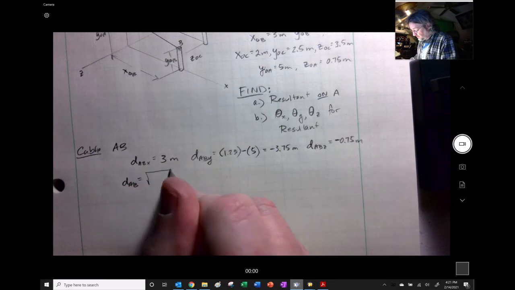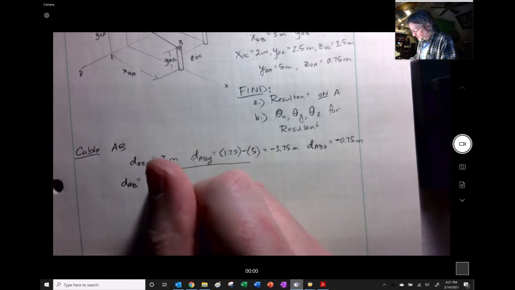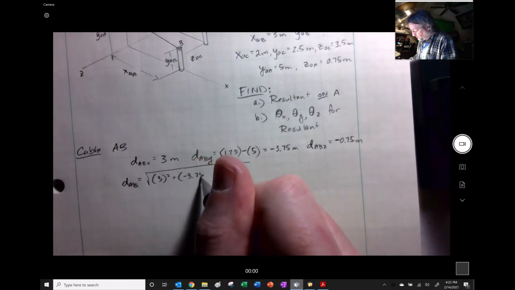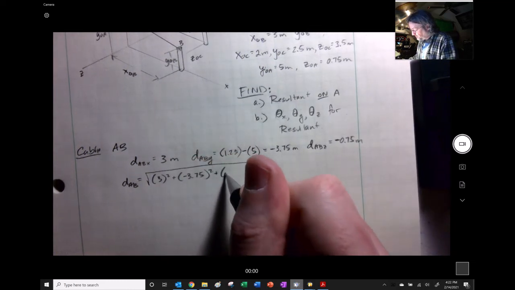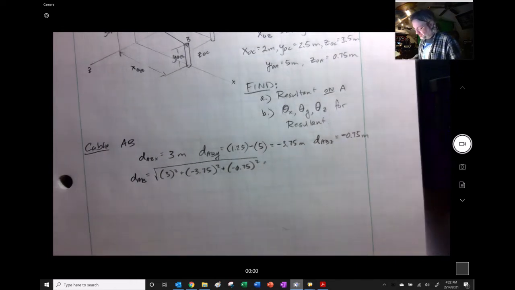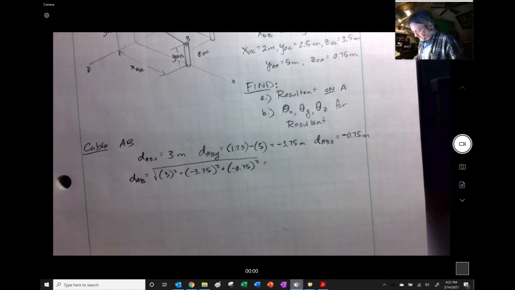So we have the distance AB: 3 squared plus negative 3.75 squared plus negative 0.75 squared. Of course, we can leave out all those negatives inside there if we wanted to. We'll make sure we add that. 3.75 squared, that's 14.06.